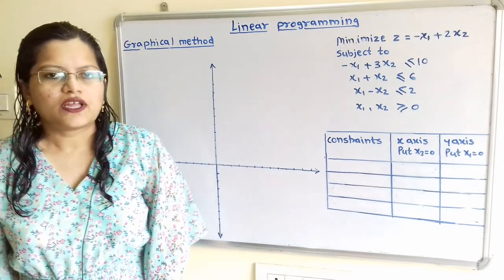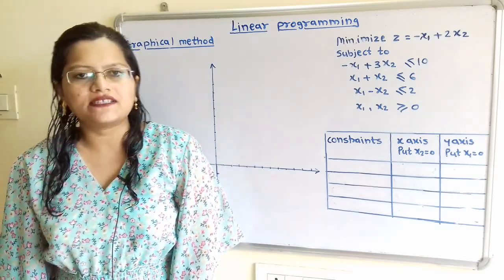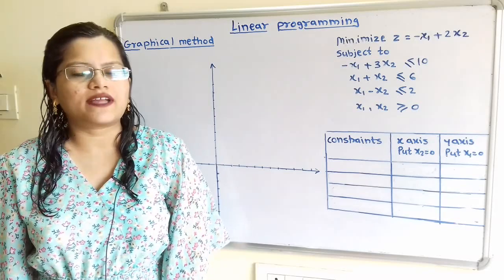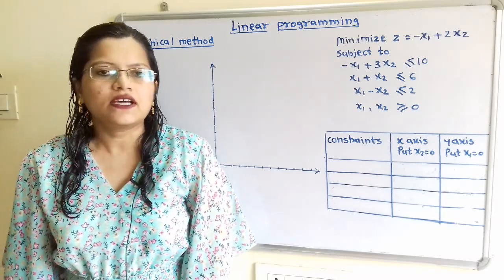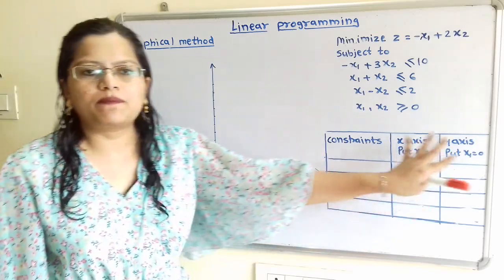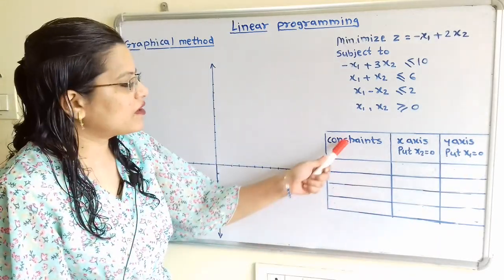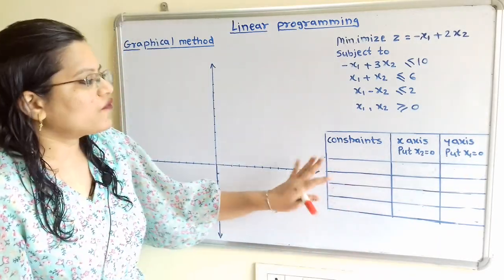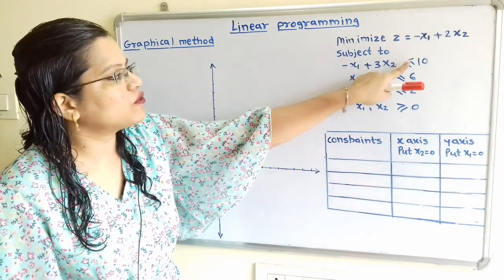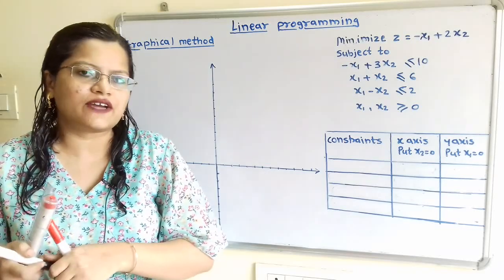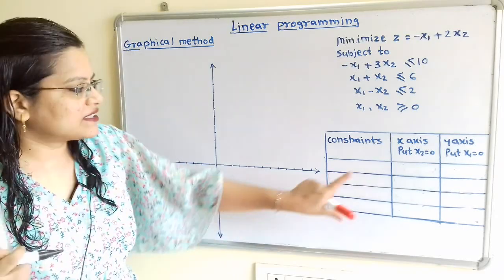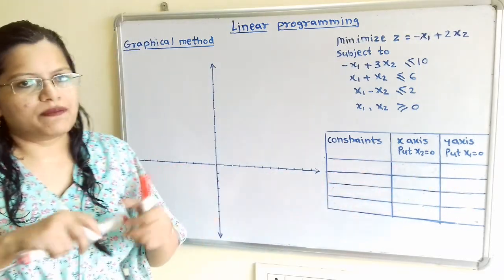Now we will first find out the points which we have to plot on the x-axis as well as on the y-axis. That's why we have to prepare one table here. So the first column is constraint. For this table we have to cancel this less than sign and consider only the is equal to sign. So this is limited to this table only.